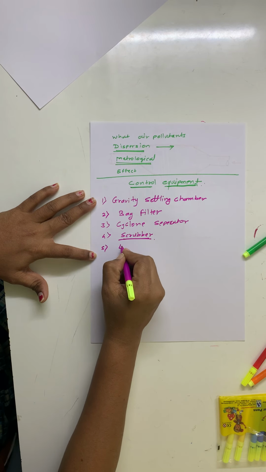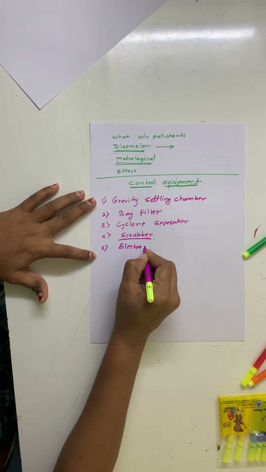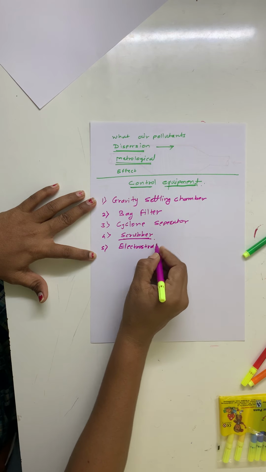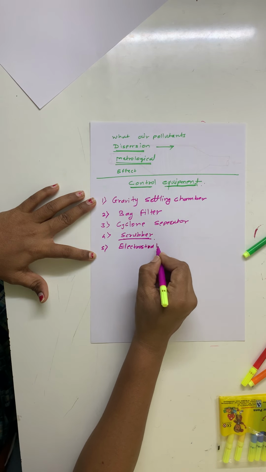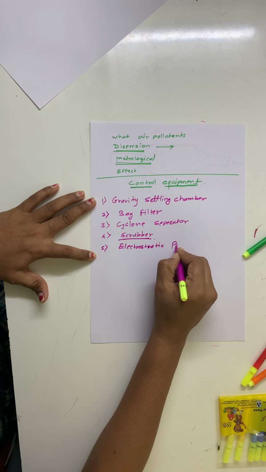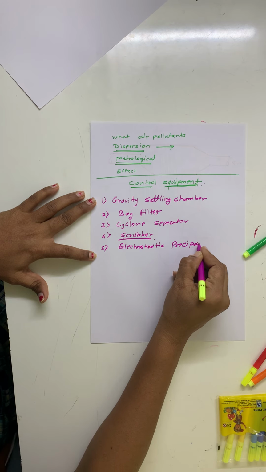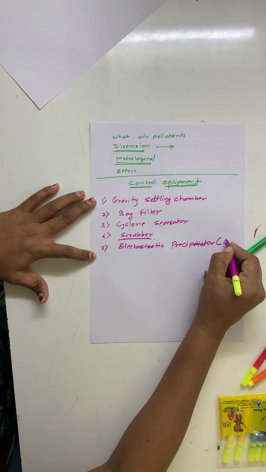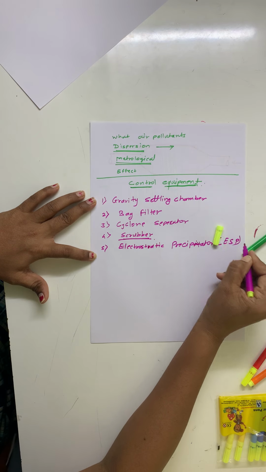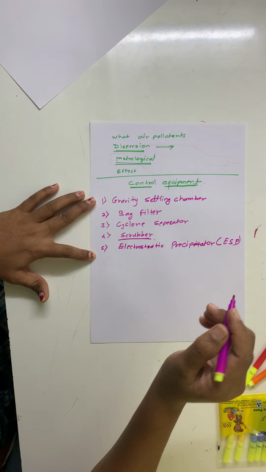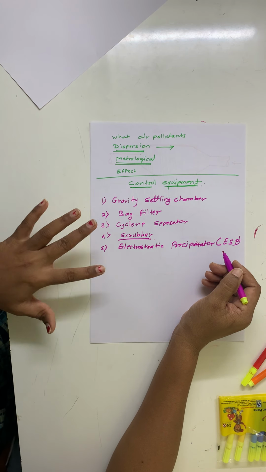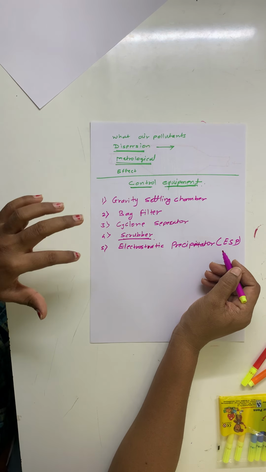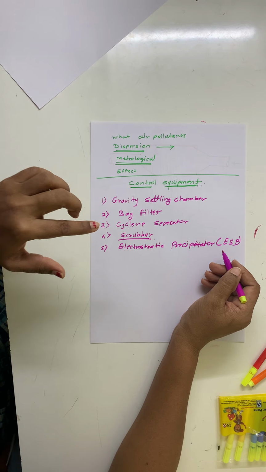Then the next one is the electrostatic precipitator. We can also call it ESP.